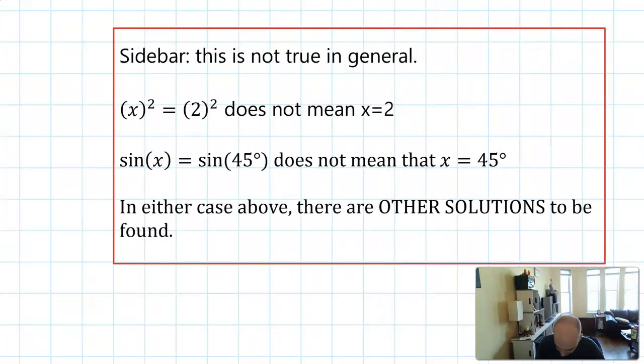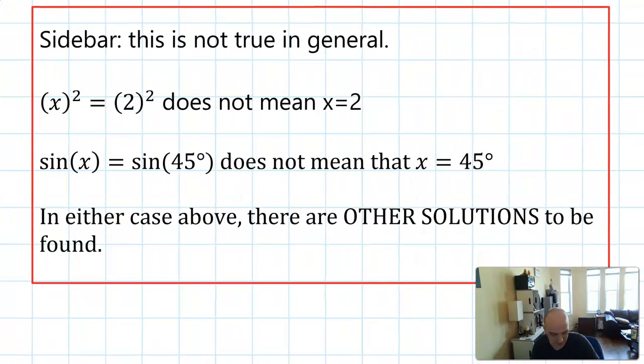So as a sidebar, let's think about something like quantity x squared equal 2 squared. That's a very simple true equation, but it doesn't mean that x is 2, because if you solve this, x could be 2 or minus 2. And so we have an extra solution because to actually solve it, we have to take a square root with a plus minus.